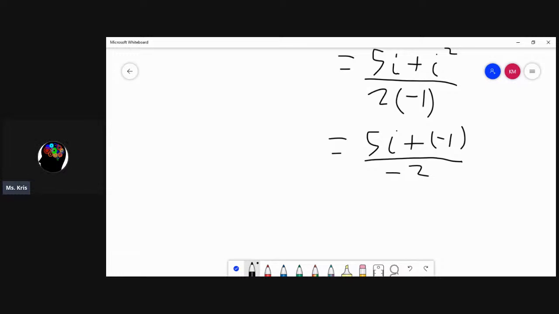And of course, you have negative 1 plus 5i all over negative 2.